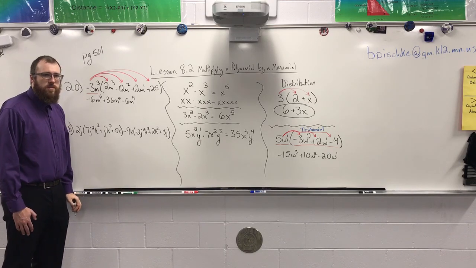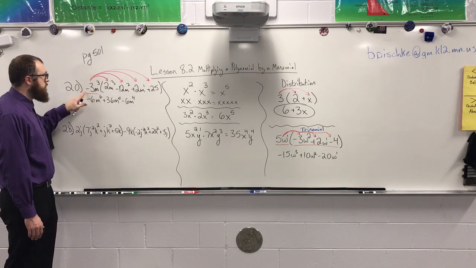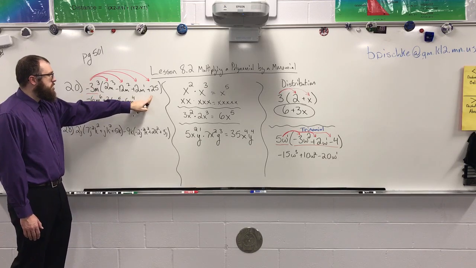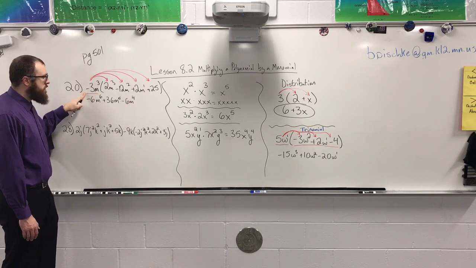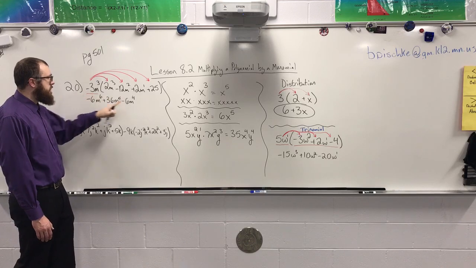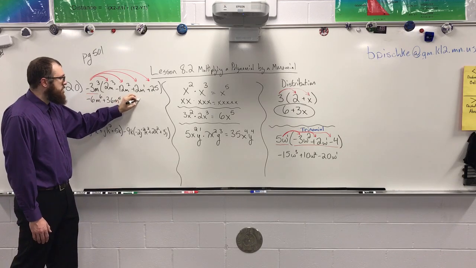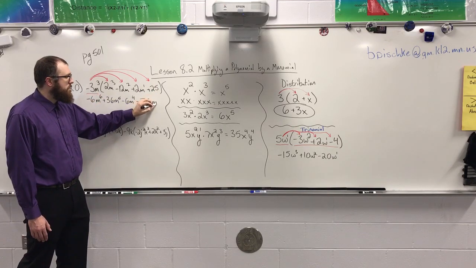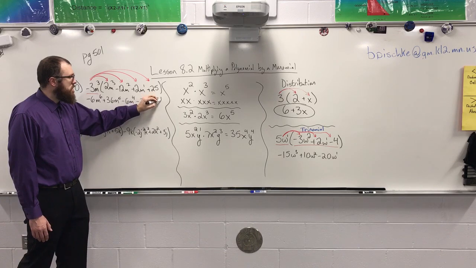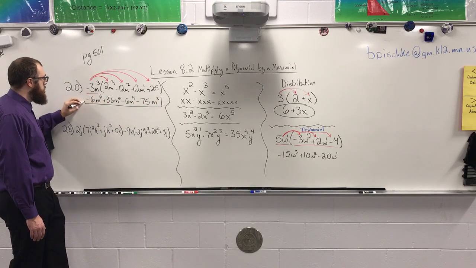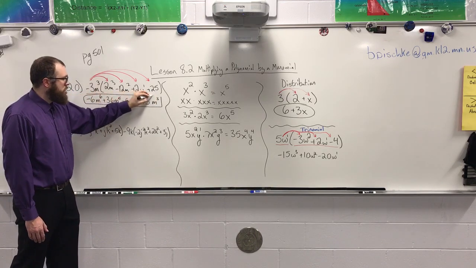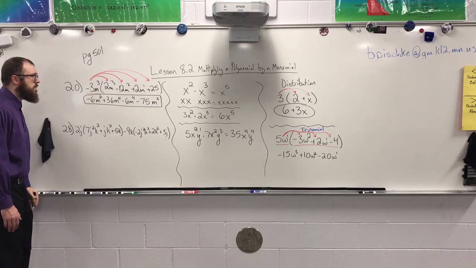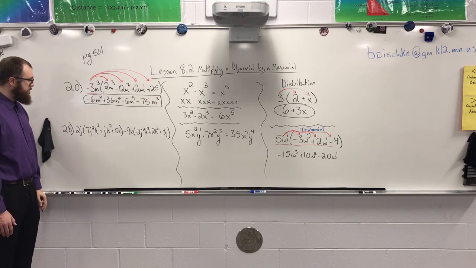Last, monomial times monomial. 3m cubed times 25. Coefficient times coefficient. Negative 3 times 25 is negative 75. M cubed times no m's is m cubed. That one is solved.